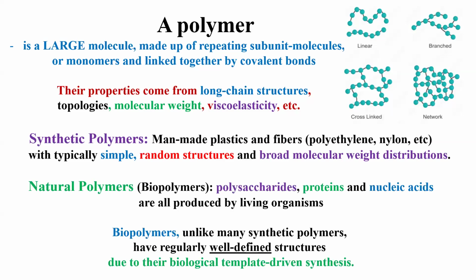Whereas natural polymers, biopolymers, like polysaccharides, proteins, nucleic acids, all are produced by living organisms. So biopolymers, unlike many synthetic polymers, have regularly well-defined structures, and this is because they are synthesized using biological templates.